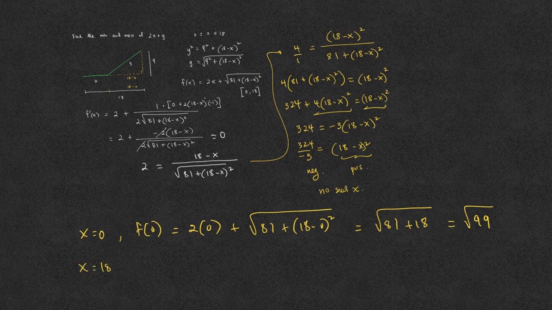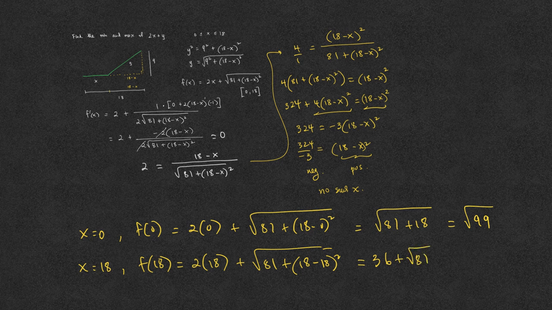When x equals 18, which is another endpoint, f of 18 is 2 times 18 plus the square root of 81 plus (18 minus 18) squared. But 18 minus 18 is 0, so we have 36 plus the square root of 81. This is 36 plus 9, or 45.